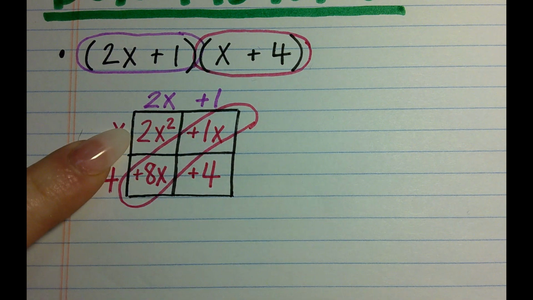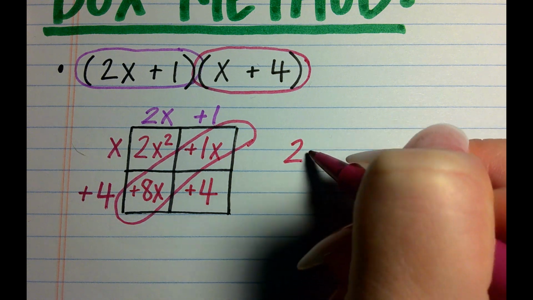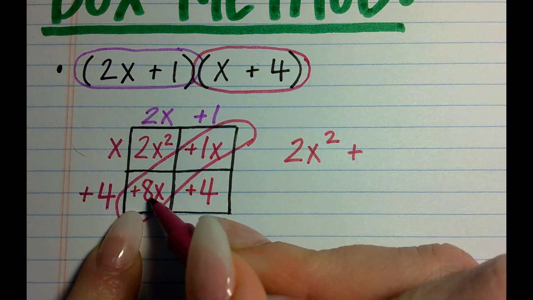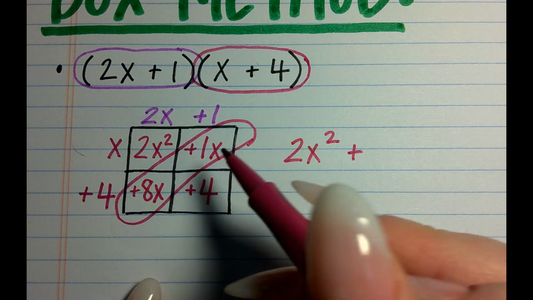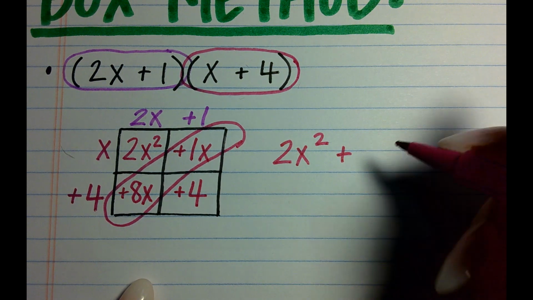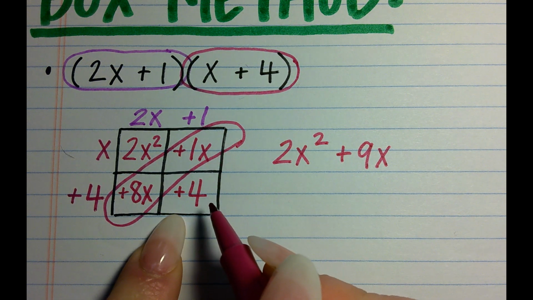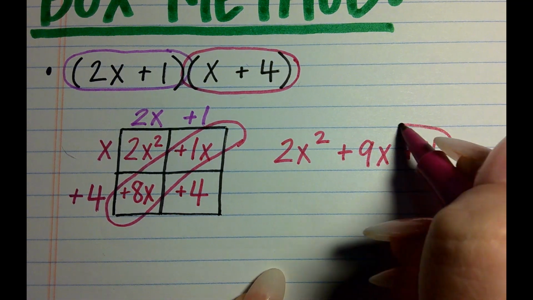I have 2x squared, plus 8x and 1x. I'll combine those to get what? 9x. Good. Plus what? 4. Plus 4. And that would be my answer.